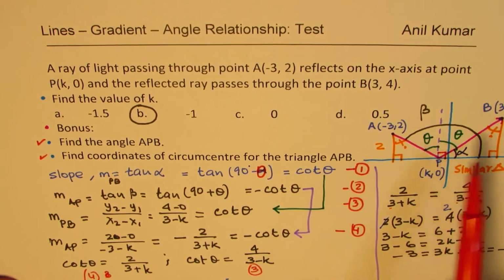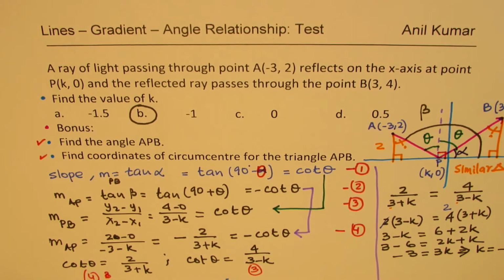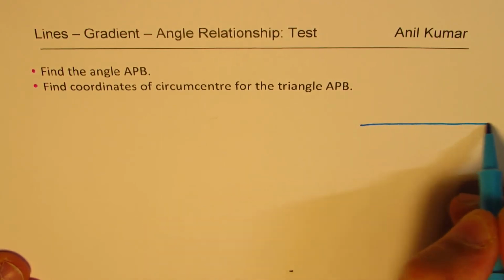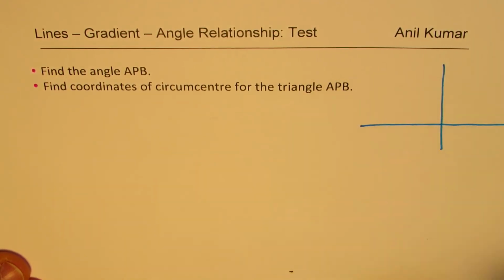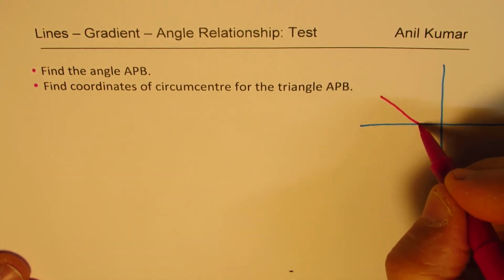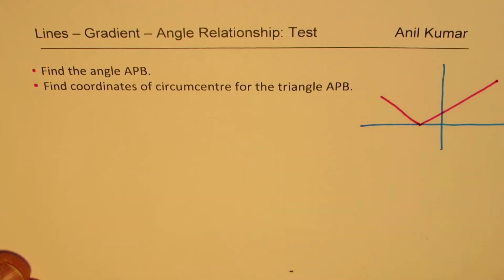So I'll just copy this diagram again with k as minus 1, and then we'll see how to find the angle between AP and B. Okay, so let me copy the diagram here. We made something like this. So we had a point on the left side like this, which got reflected, and we got something here.